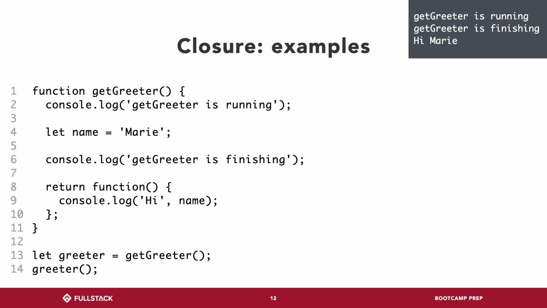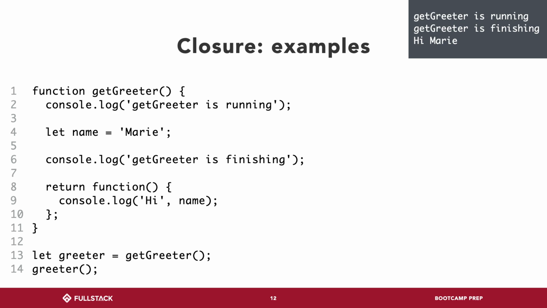It's a little weird, but, you know. Yeah, I might be alone here, but I have a hard time understanding why invoking greeter isn't invoking getGreeter. Because you invoked getGreeter. Uh-huh. What do you think this is going to equal? It's going to equal the returned value of getGreeter.